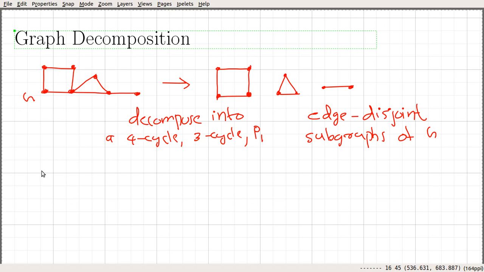So let me give the generalized definition of graph decomposition.